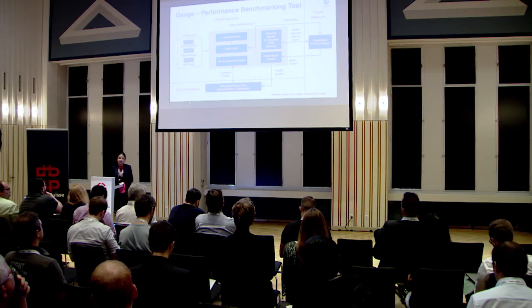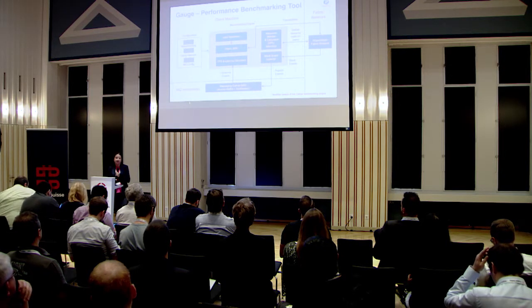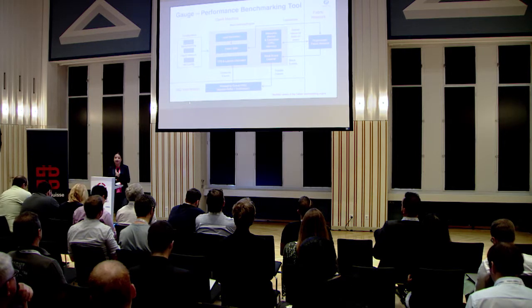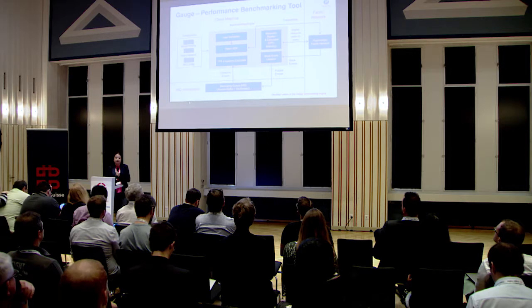So I'd like to mention here that we initially forked this code of Caliper, which was open sourced by Huawei Technologies, which is now part of Hyperledger Caliper, and there is some stuff going on there.